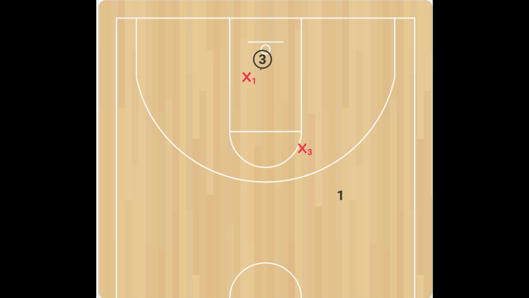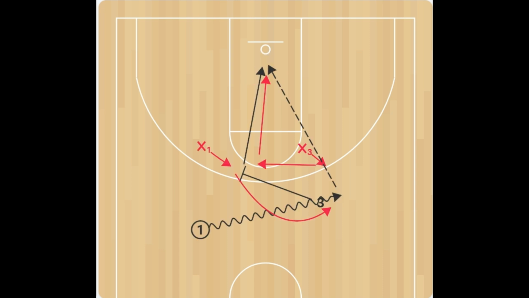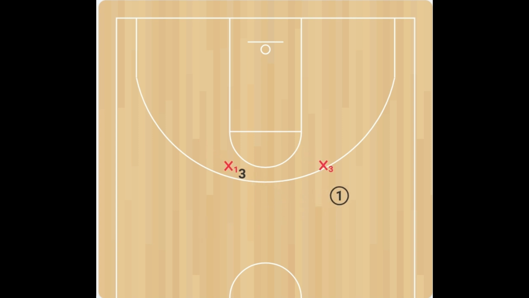easy score. Now, there is a bit of a wrinkle to this that we might see, and it might look something like this. So this happens relatively the way it did in the other play, where 1 gets screened and 3 now picks up the ball handler. But instead, we're going to imagine that 1's defender is going to fight around the screen and try and get back to 1.